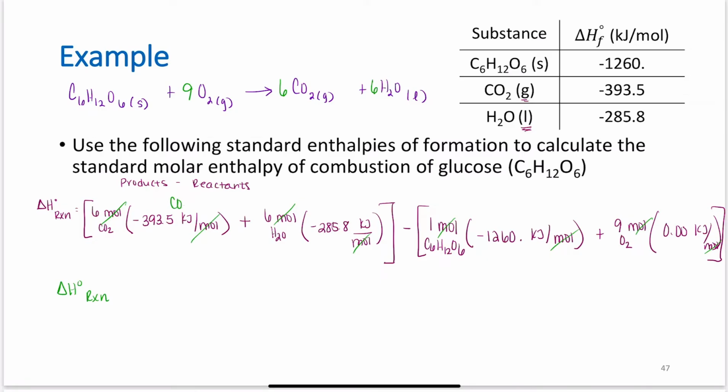So this is for CO2, this is for H2O, this is for C6H12O6, and this is for O2, just so it's labeled for you guys. Delta H reaction, negative 2815.8 kilojoules, which gives me negative 2816 kilojoules. 2,816 kilojoules is the standard molar enthalpy of combustion of glucose.